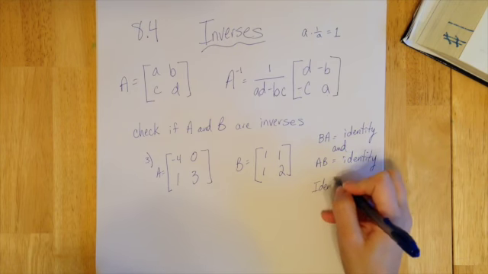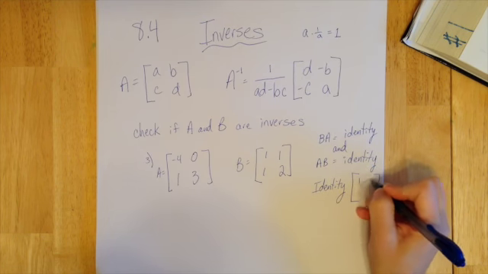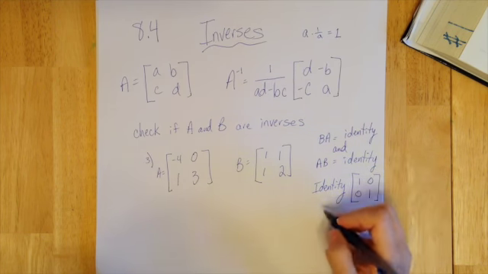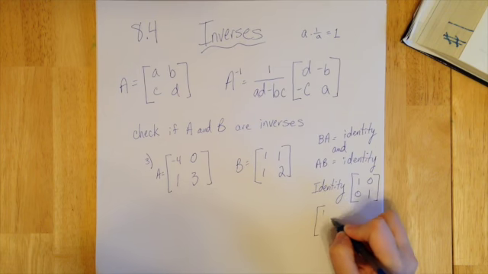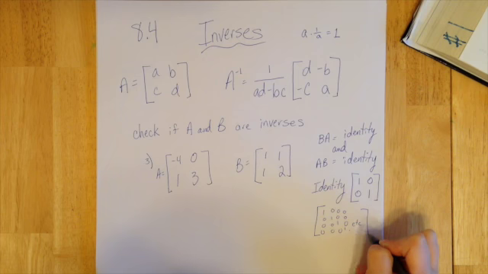So the identity matrix for a 2 by 2 is 1, 0, 0, 1. For anything bigger than that, you want 1s on the diagonal and 0s pretty much everywhere else.